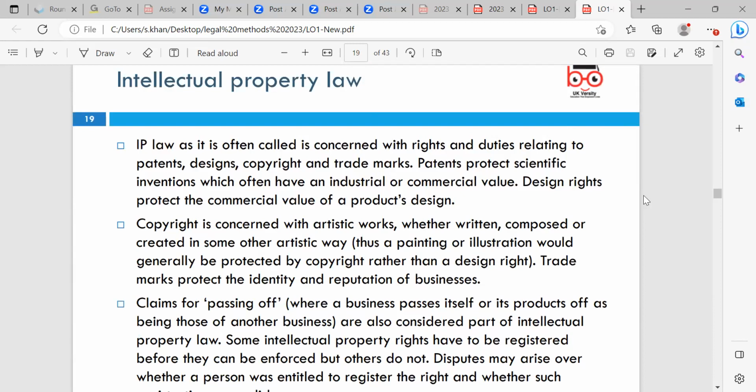Patents protect scientific inventions which often have an industrial or commercial value. Design rights protect the commercial value of a product's design. Copyright is concerned with artistic works, whether written, composed, or created in some other artistic way. Thus, a painting or illustration would generally be protected by copyright rather than a design right.